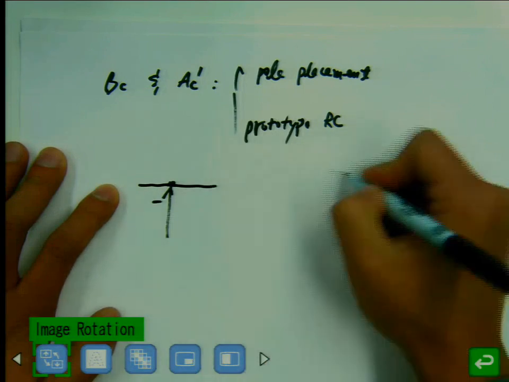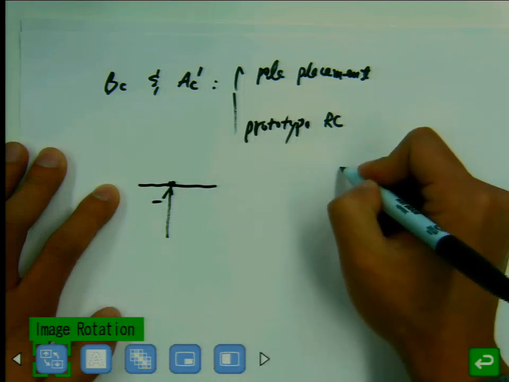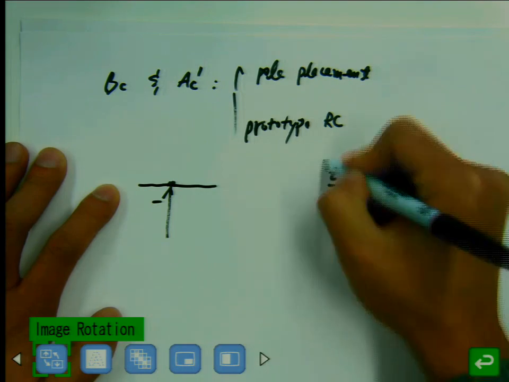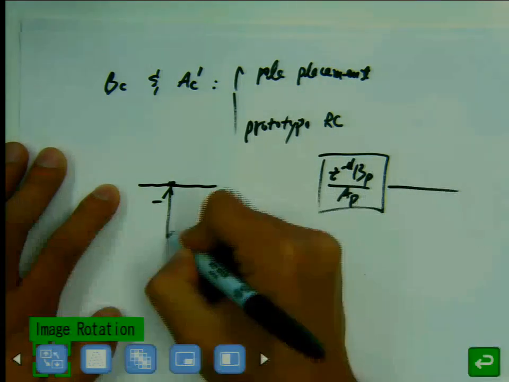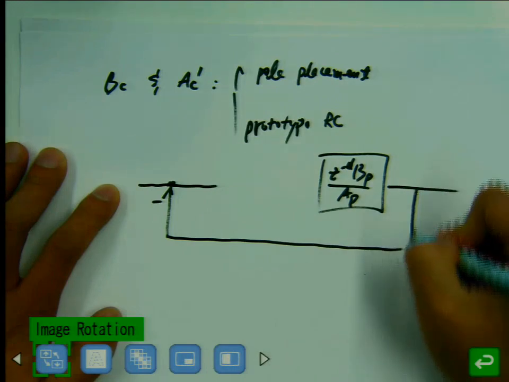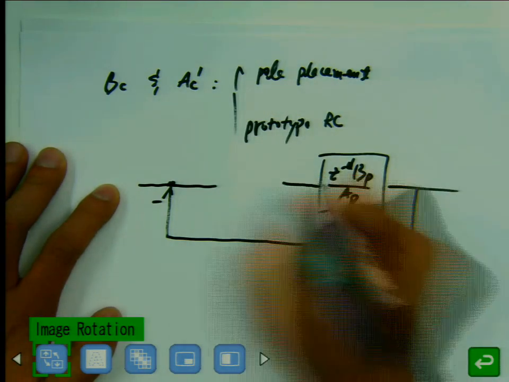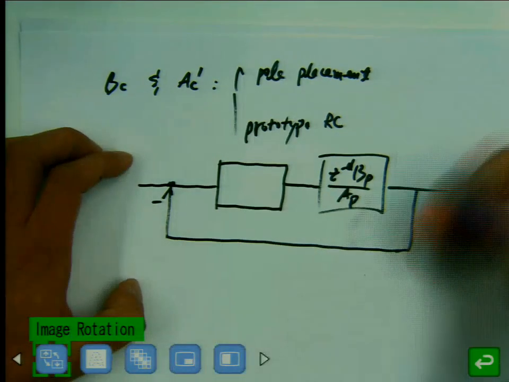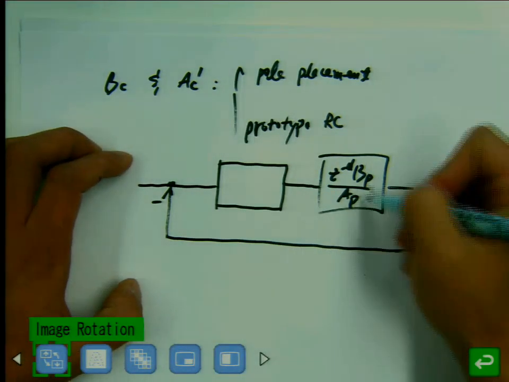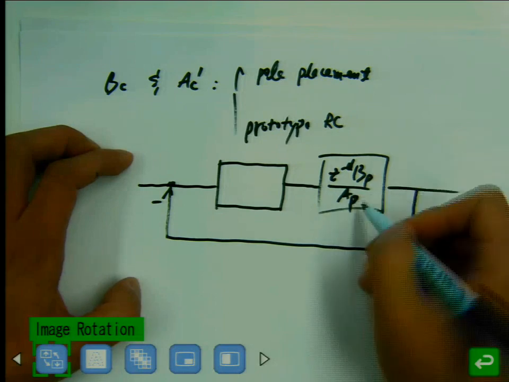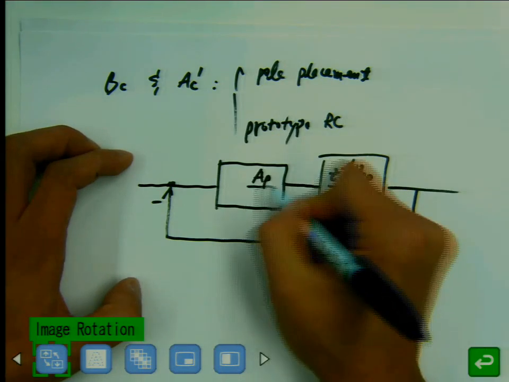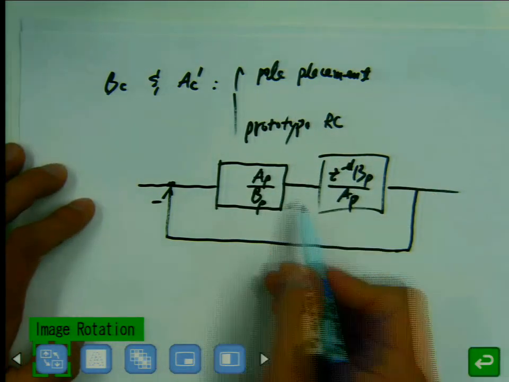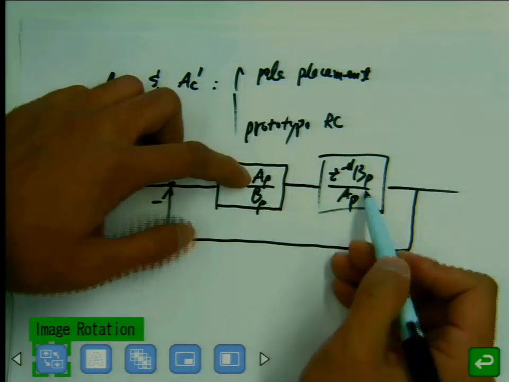If my plant is called BP divided by AP, then one simple approach to design this controller is I do cancellations. We discussed feed-forward approaches where we used heavily the concept of model inverse. So I include the inverse model of the plant over here.